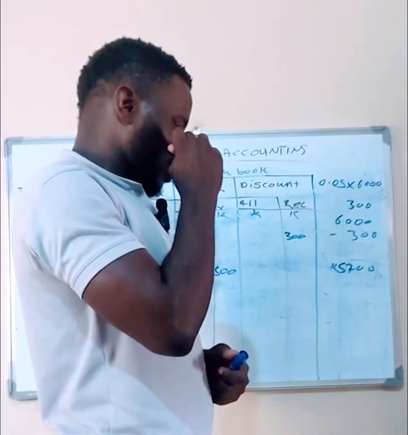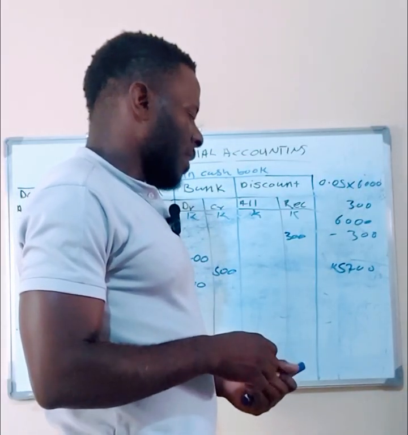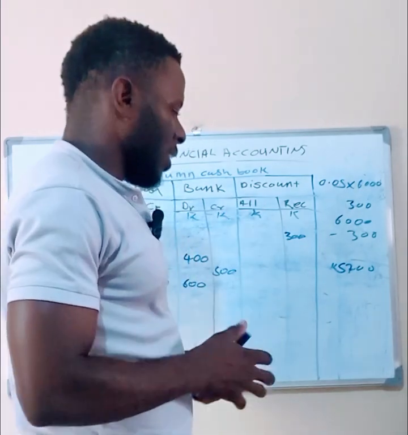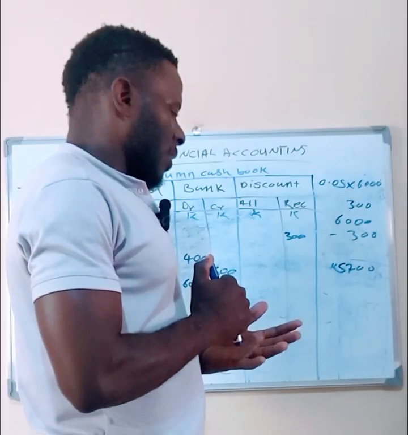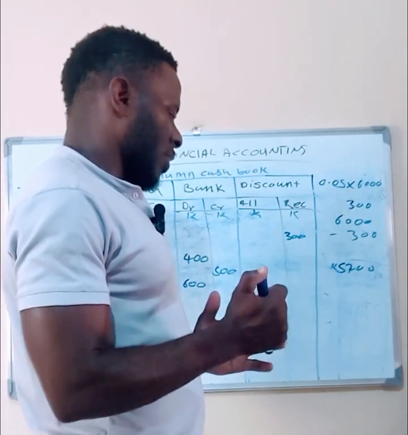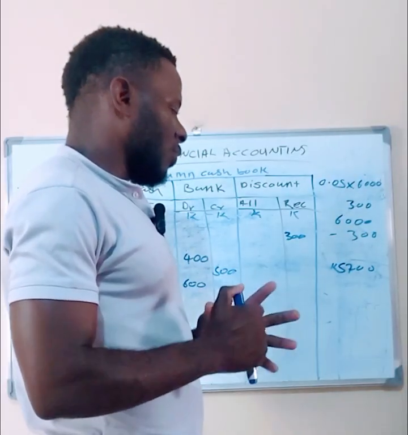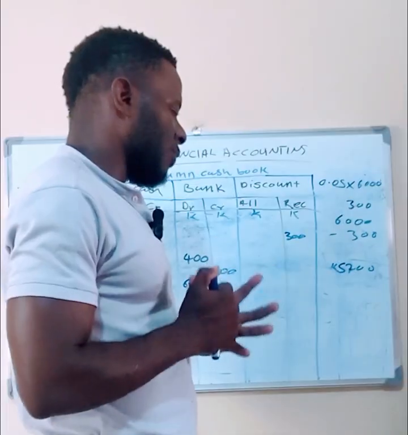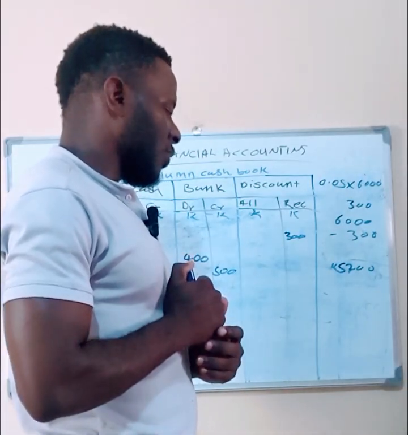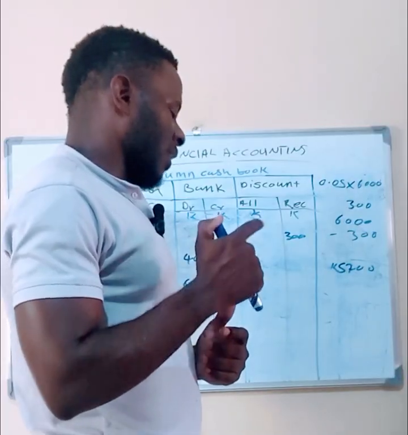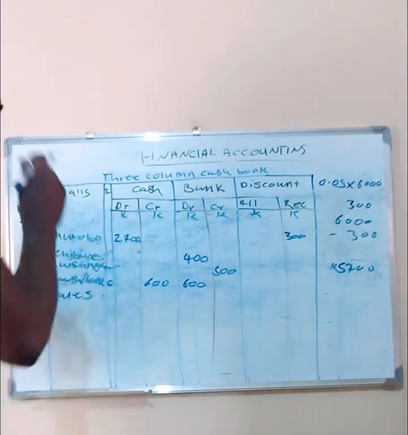So in this case, we were the ones giving the goods worth 6,000, because we were the ones selling the goods. So meaning the sales account should be credited, because the sales account was the one giving the goods at that particular amount.